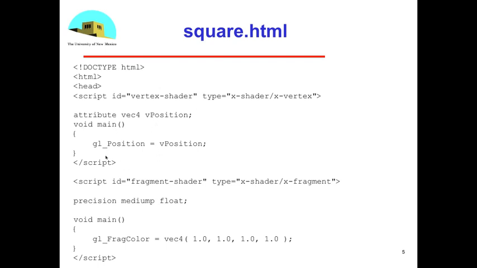And here's a very simple shader. In fact, it's about the simplest shader you can have, and since you have to have it, you've got to have something here. What it's doing is what's called a pass-through shader. It's taking something called vPosition, which is an attribute. This means that it's being passed in from the application program, and it's a vec4. So think of it as just a simple array with 4 elements in it, which are X, Y, Z, and W, because in graphics we use 4 dimensions most of the time.